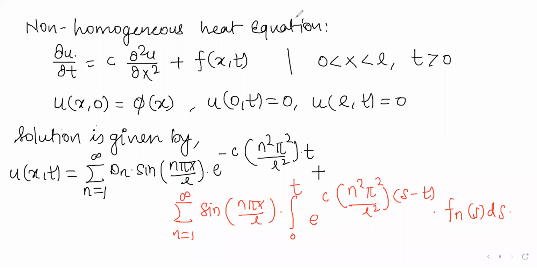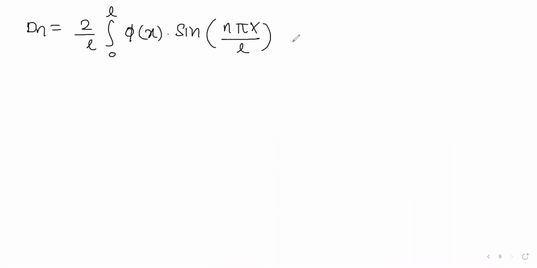All right. Now just let me write down what is dn and fn. Okay. So dn is same, which you already know. Okay, it is again 2 over L, integral 0 to L, and then phi of x into sine of n pi x upon L dx. And this fn will be, this will come out as a function of t for sure.